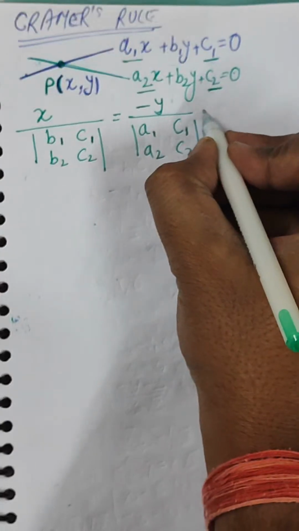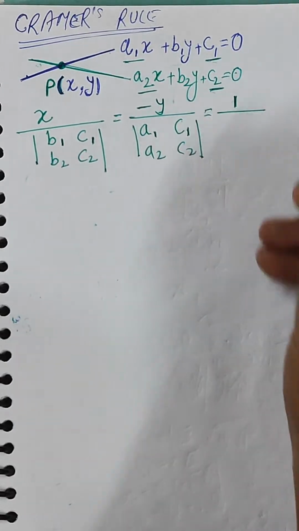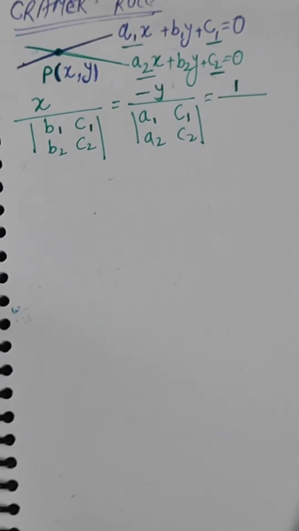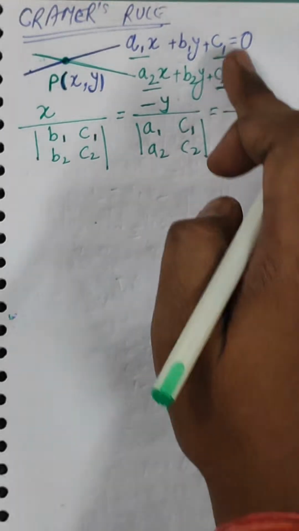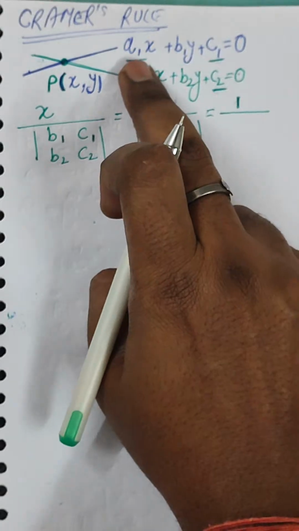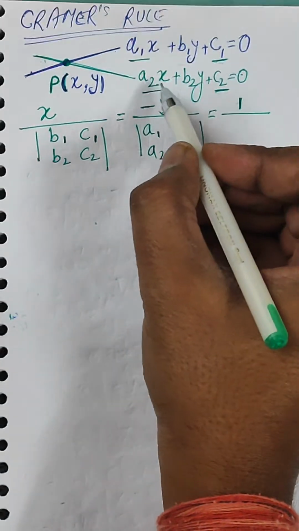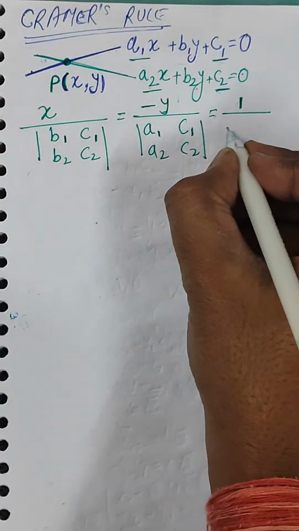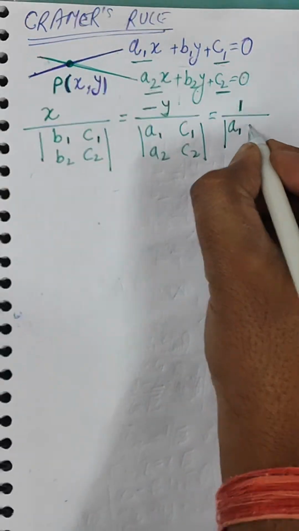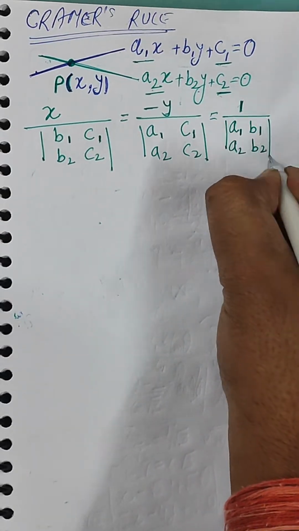This is equal to 1 by the determinant of the constant. If you take the constant one, then you can hide c1 c2 and take the coefficients of x and y from both equations, and these are a1 b1 and a2 b2, right? So this is given by a1 b1 and a2 b2.